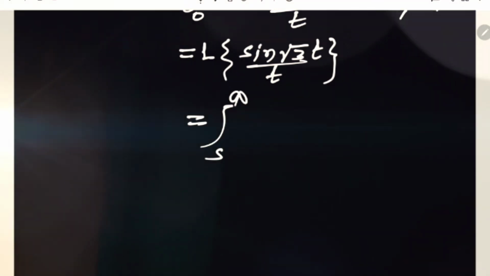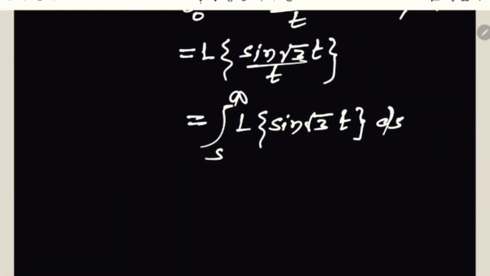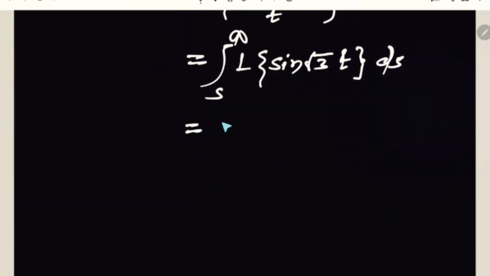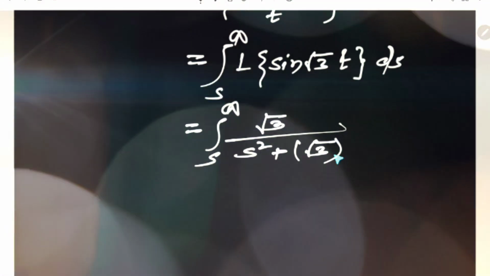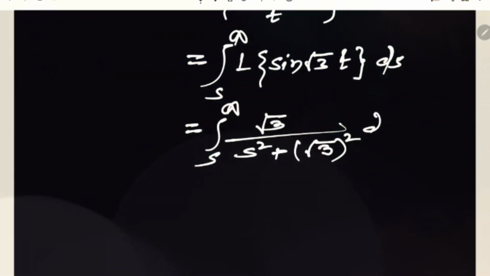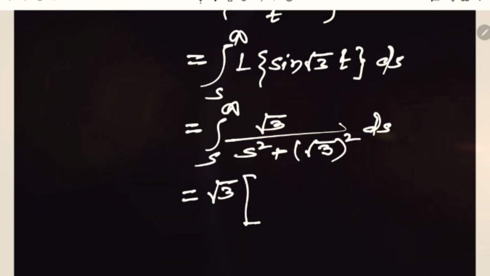And therefore, to obtain it, we take the help of the Laplace of division by t theorem. Therefore, it is nothing but integral from s to infinity of f bar of s. F bar of s means the Laplace of that function sine of square root of 3 times t, and its integration with respect to s. Integration from s to infinity, Laplace of sine at is a divided by s square plus a square, here a is root 3, so a square means root 3 square, and its integration with respect to s. Therefore, root 3 we take outside the integration sign as it is a constant term.